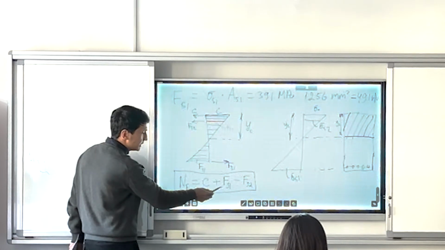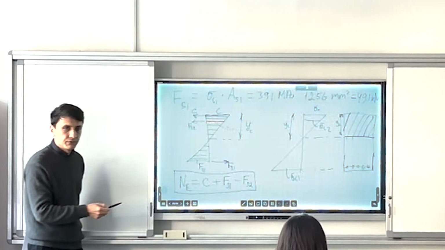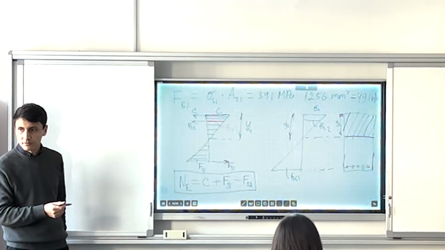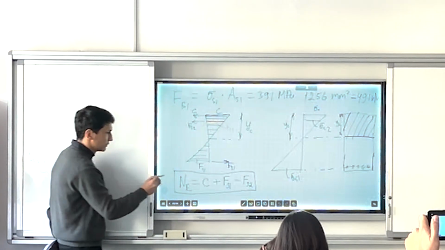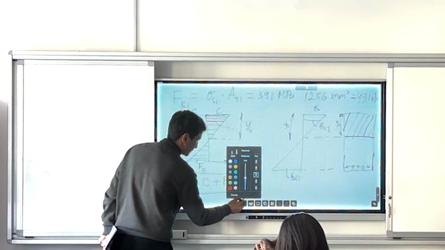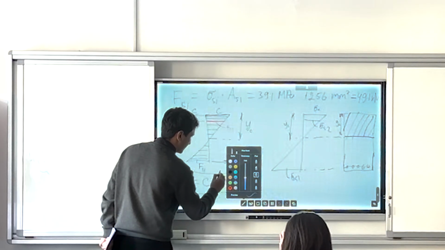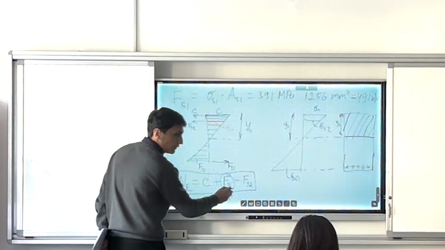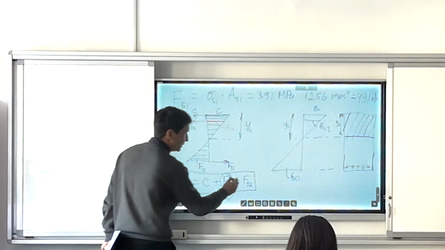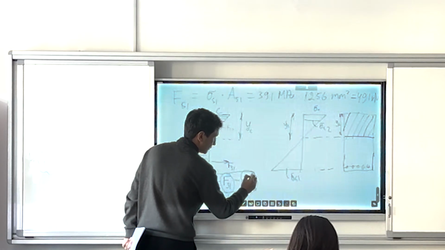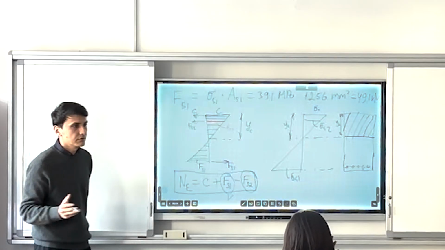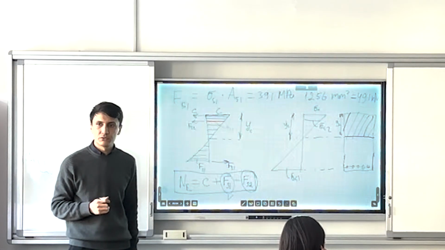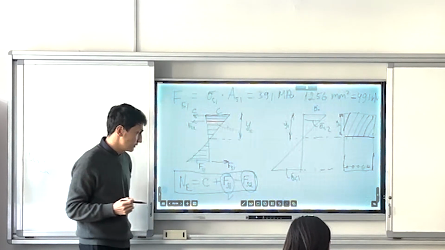We know how to find Fs1. We already found Fs1, right? So we know this one. For Fs2, we are assuming that it is also yielded. It is not necessarily correct, but we are assuming it is yielded.